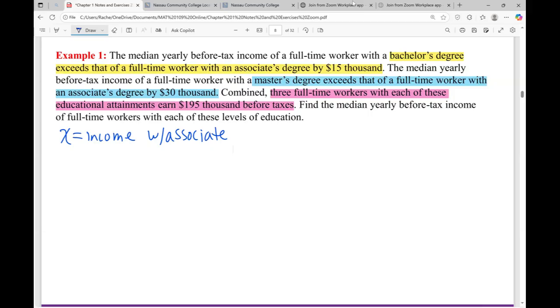Now, in terms of X, how much does a person with a bachelor's degree earn? Will they exceed that of a person with an associate's degree by 15,000? So whatever the person with the associate's makes plus 15,000, this is going to be your income with a bachelor's degree.